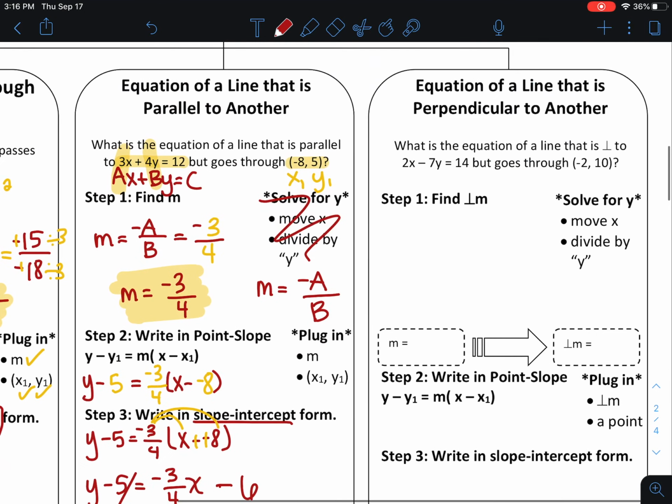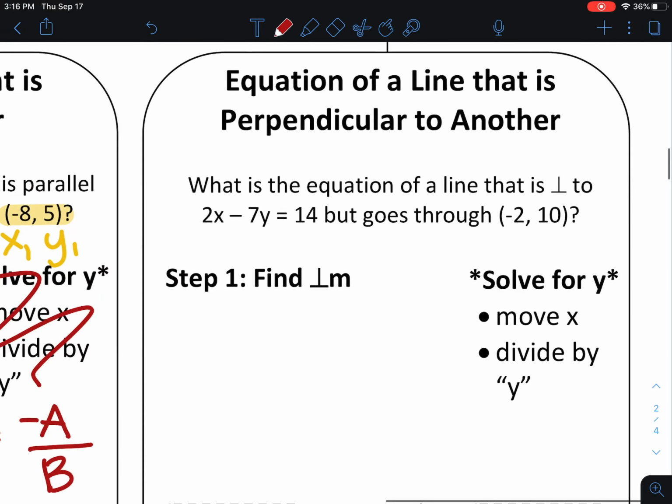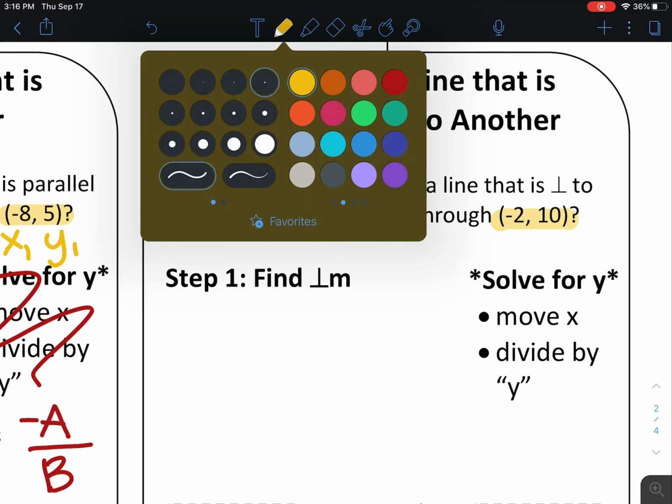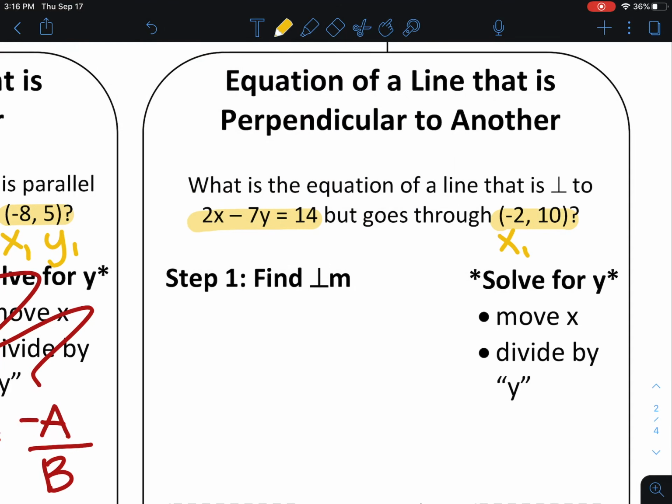All right, next. Now we need to find the equation of a line that's perpendicular. So we just did parallel, now we're doing perpendicular. So I'm going to start by highlighting this, and then also by labeling my point x1, y1. Okay, and now I'm going to find the slope. Again, you don't have to do these steps to find slope.